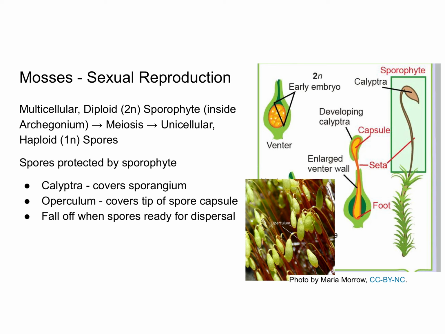So let's start by taking a look at the structure of these bryophytes. You can see in this picture here that the sporophyte part of the plant is this area in this green box here. And the sporophyte is attached to the gametophyte, which is the foot of the plant. So this area right here is the gametophyte.